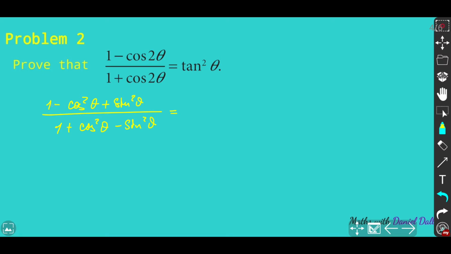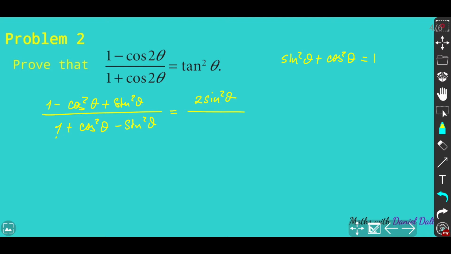And obviously here, 1 minus cos squared, from the basic trigonometric identity, I'll express 1 minus cos squared as sine squared. So in total, we'll get 2 sine squared theta.